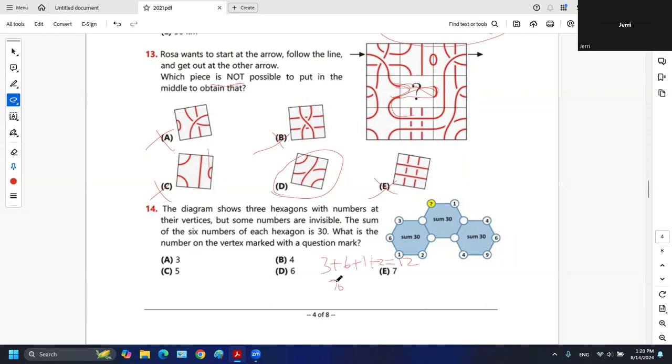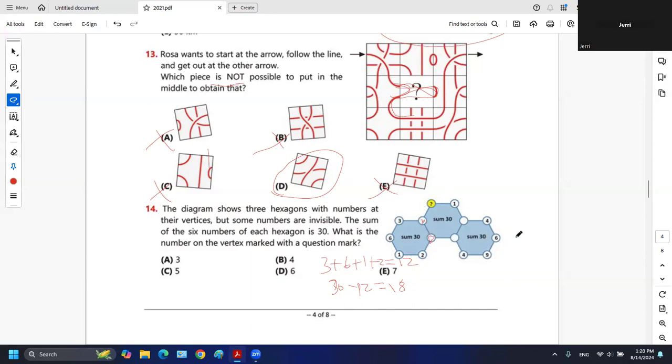And then we'll use 30 minus 12 is 18. And then we'll separate 18, so 10 and 8 right over here like that.